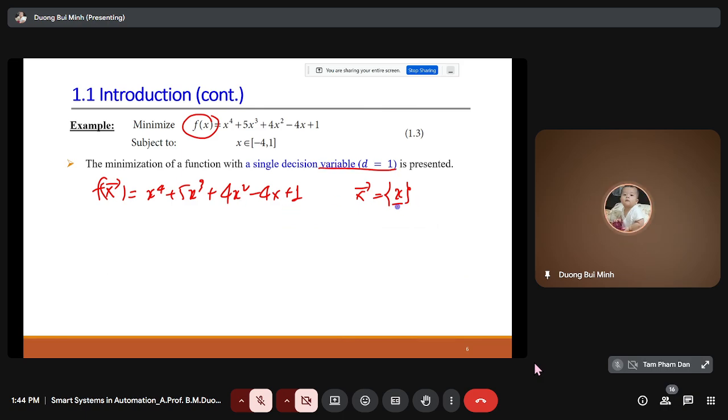For this objective function we would like to figure out the minimum value of f(x) or the maximum value of f(x).